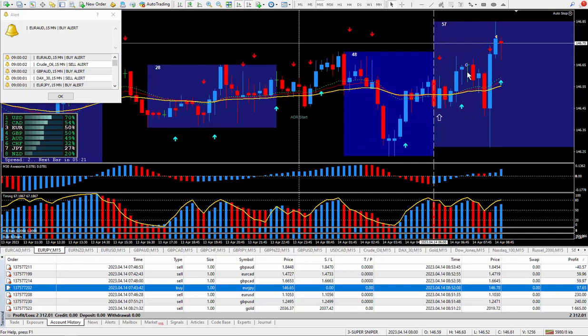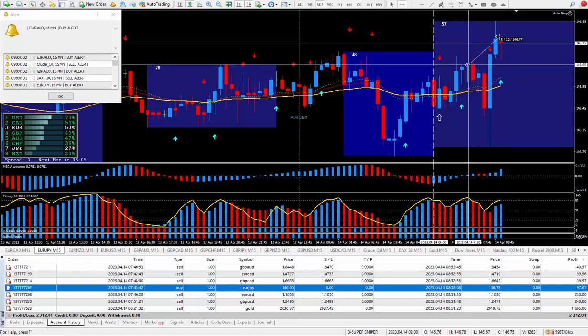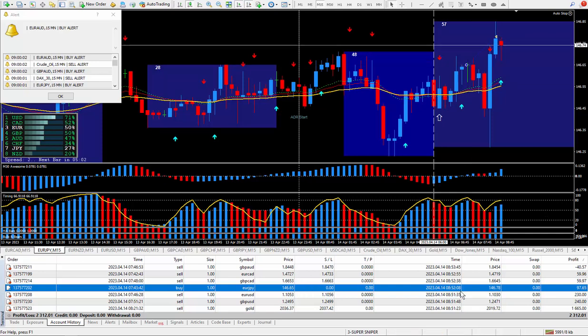Let's see where I got in. Could have easily just kept going up, but I knew once the dust settled, it was going to carry on in the direction of my daily trade plan. Got in at this cursor and I closed it out being happy. Looks like about 13 pips, and 13 pips paid out $97.